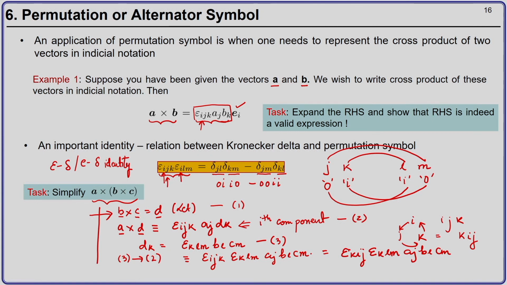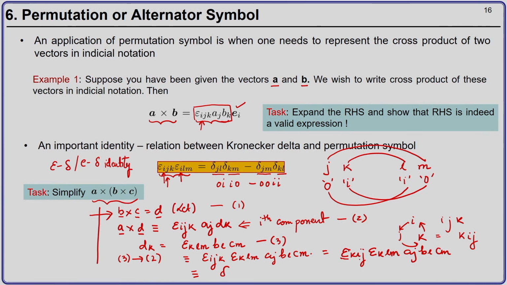Now I can apply the epsilon-delta identity that we just discussed. Why I have done this is because I want to match the repeated index in my expression with the one I mentioned above in the epsilon-delta identity.